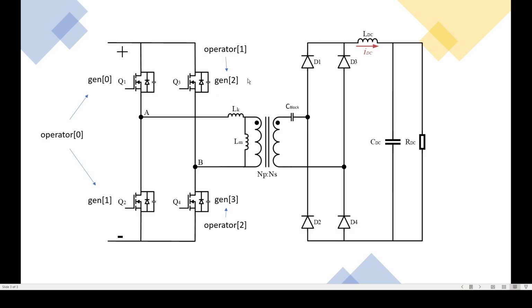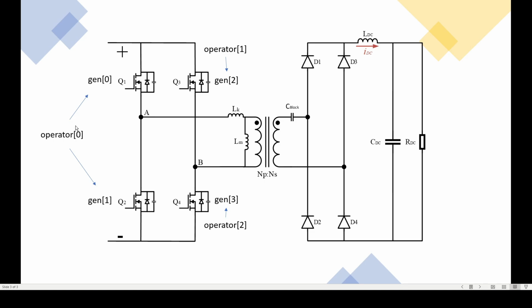Maybe this will be a little bit clearer. So I will have three operators in array 0, 1, and 2. The first operator has two generators, at array location 0 and 1: the first generator for Q1 and the second generator for Q2.